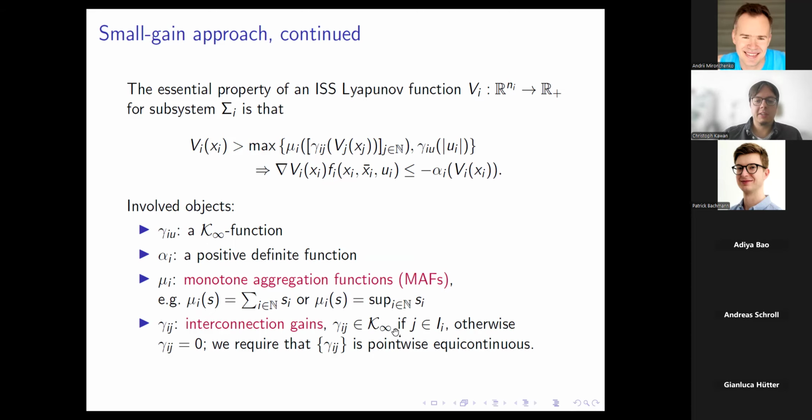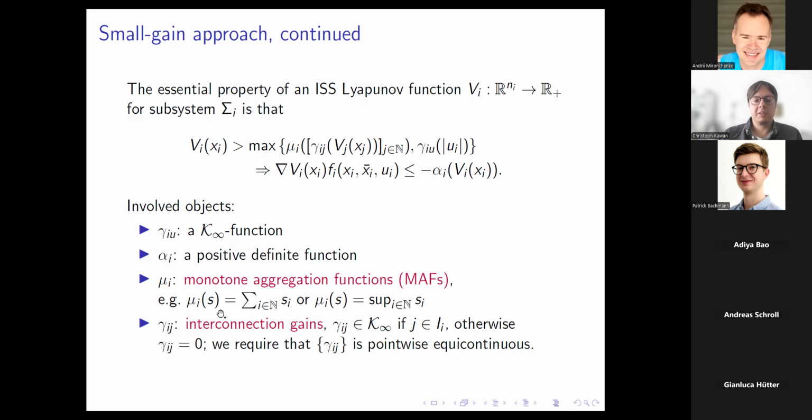The gamma_ij, the interconnection gains, are basically K-infinity functions if that second index j is in the set of neighboring indices of the system i, and otherwise it's 0. This relates to the assumption that the subsystem with the index i is only influenced by subsystems with the indices j in this finite set capital I_i.